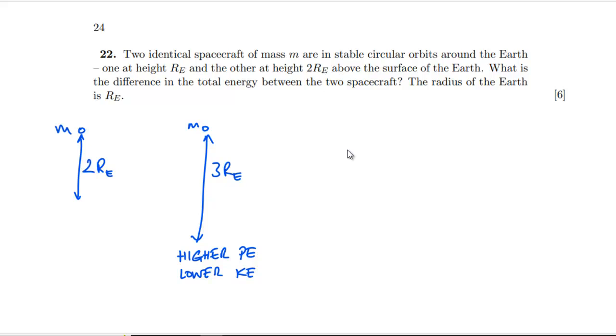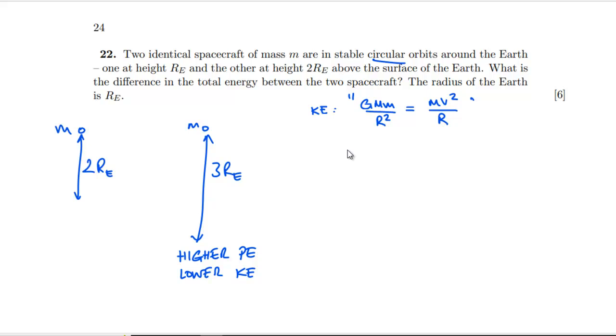So, let's start with the kinetic energy. We're doing stable circular orbits, which certainly helps. So we need GMm over R squared, our force due to gravity, which is going to be mv squared over R, because we're in circular motion.